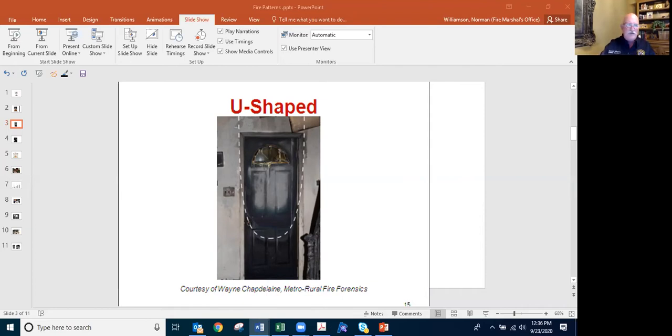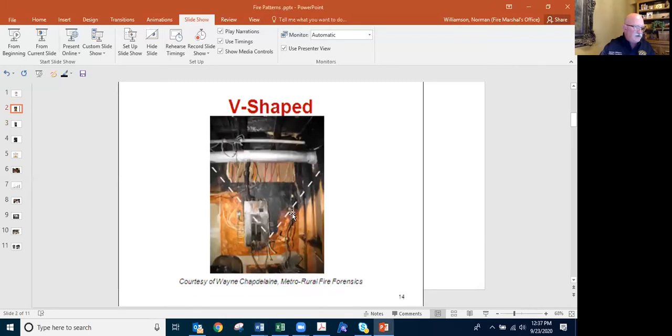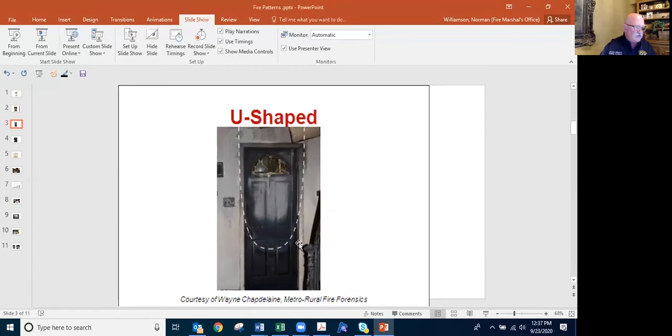So the other one, your V pattern, might have started up next to the wall, where this one might have started a few feet away from the wall, and the pattern got up that way. The fire might have been 3 or 4 feet away, where a V-shaped pattern like this one is going to be closer and lower to the wall than this U shape. Okay.